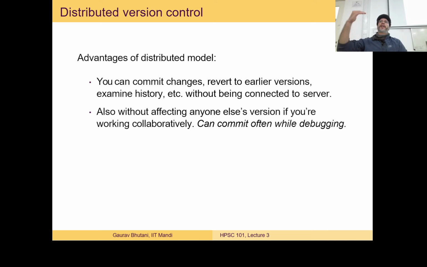But I do need to do those 100 commits because while debugging, you put in a feature, try it, and then see what happens. Then you try another feature. So rather than maintaining 100 copies of the file saying feature 1, feature 2, feature 3, you keep trying different things and then you override them. But before that, you just commit and say that this is the version that tries feature 1, and then you run it.